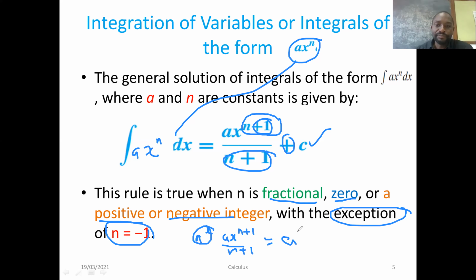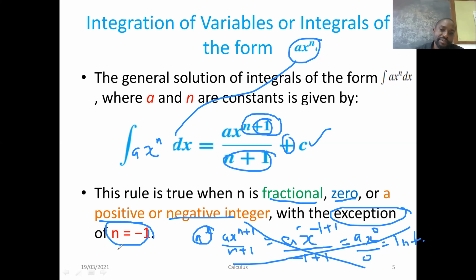Then this would become x to the power -1 plus 1, which gives us x to the power 0, divided by 0, which is basically infinite. So such a product would not be possible to do when n is equal to -1.